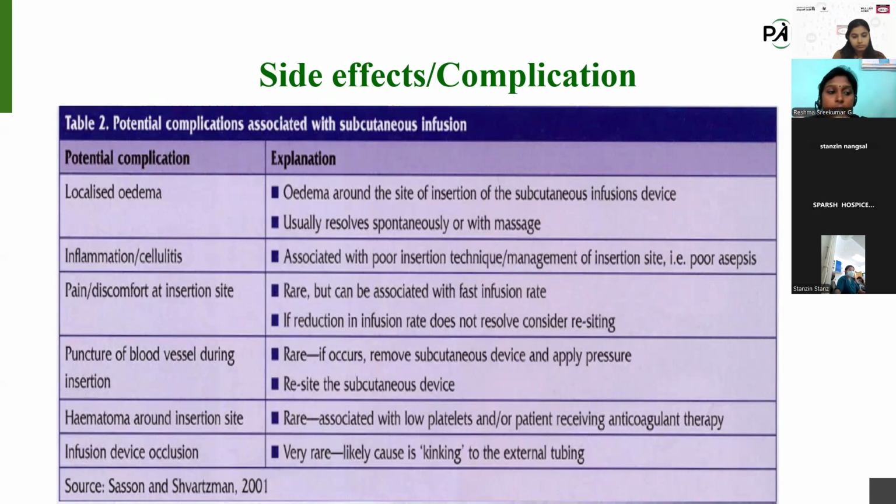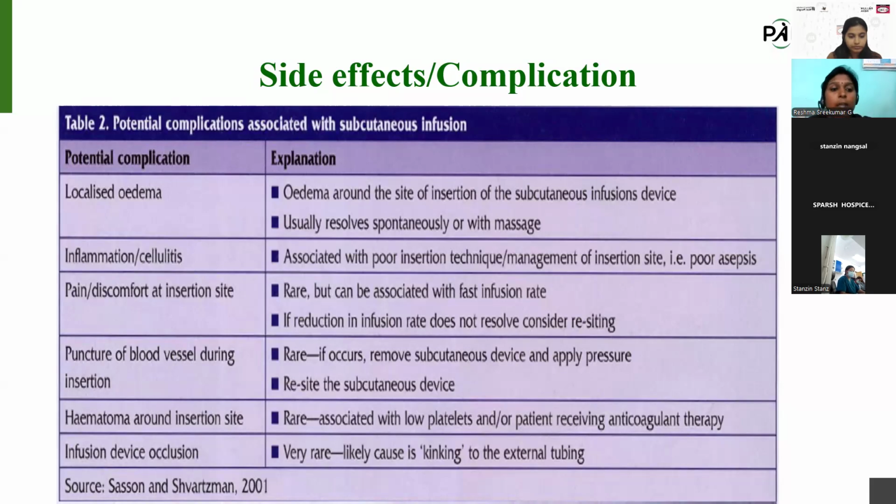And next is inflammation or cellulitis. Usually inflammation and cellulitis are associated with poor insertion technique, or with not properly maintaining strict aseptic technique during subcutaneous insertion.